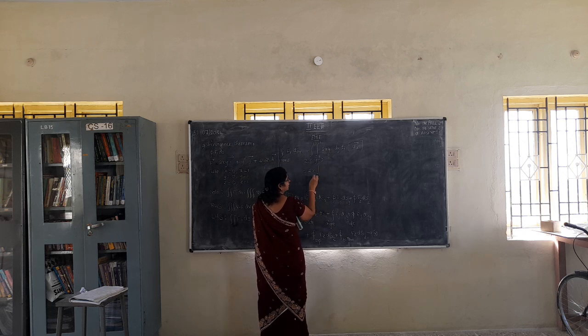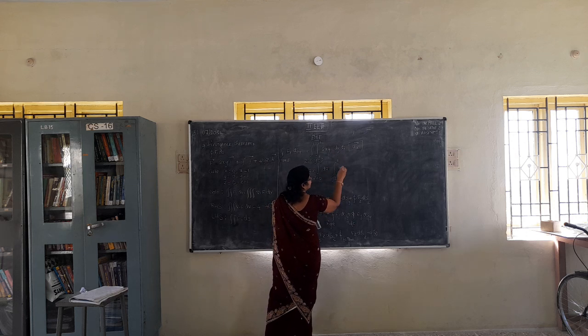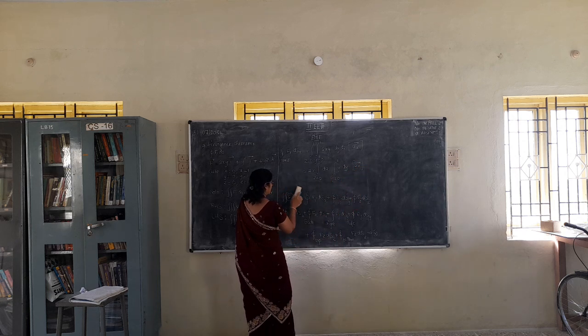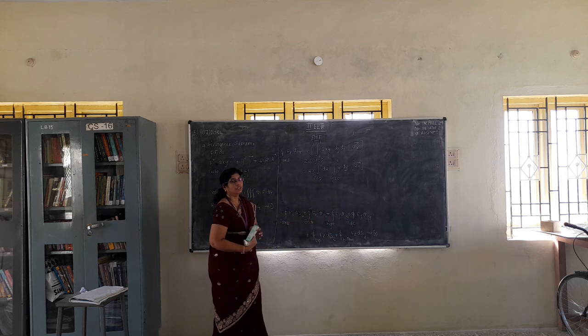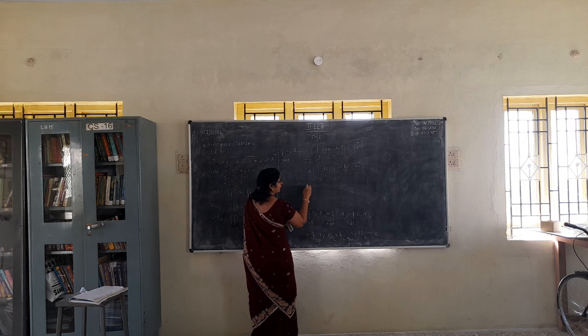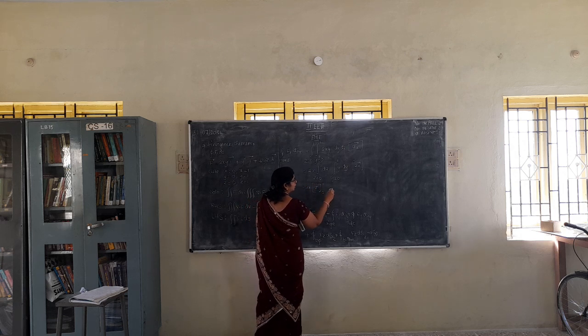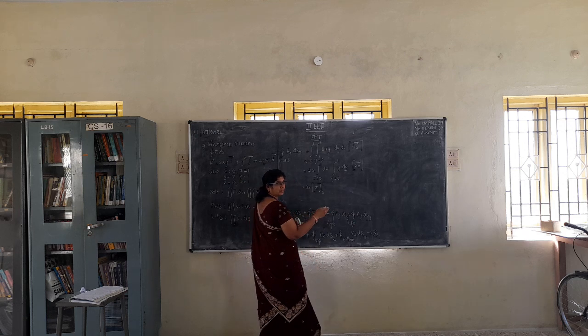Z varies from 0 to 1 with dz, and y varies from 0 to 1 with y dy, which gives y squared by 2.